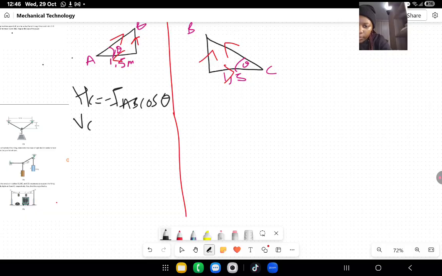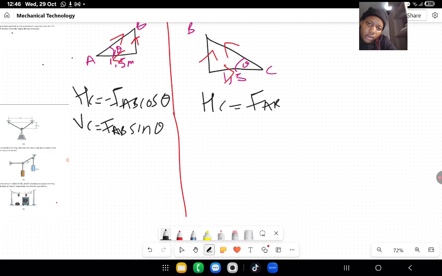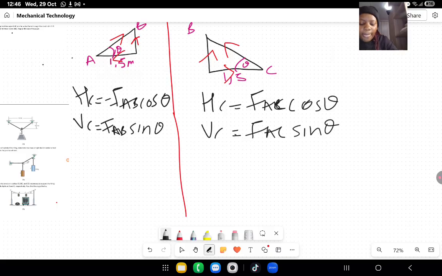Then the vertical component, going up, is FAB sine theta. On this side, the horizontal component is positive FAC cos theta, and the vertical component is FAC sine theta.